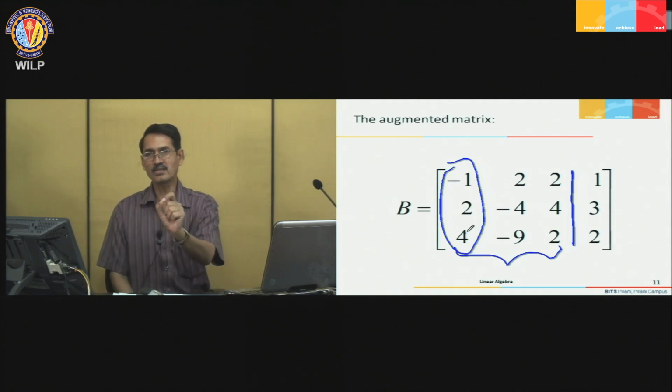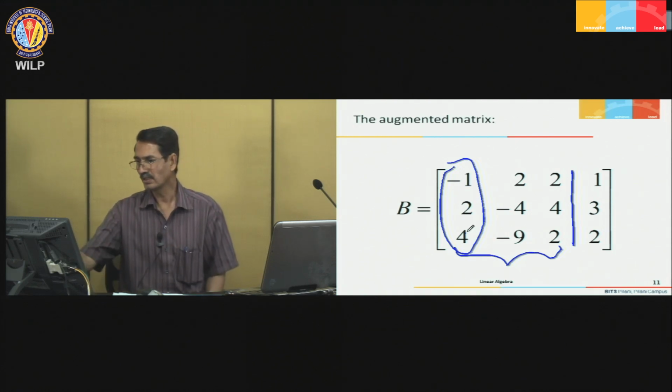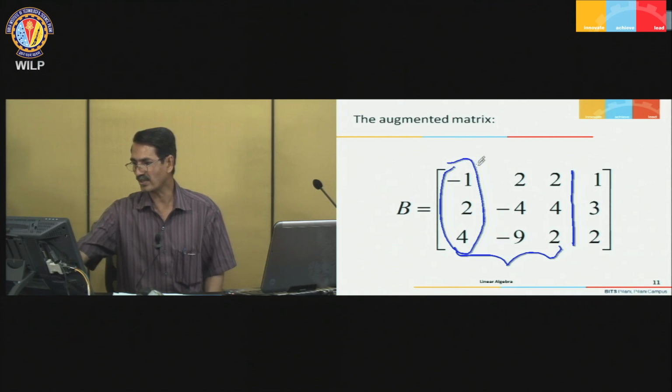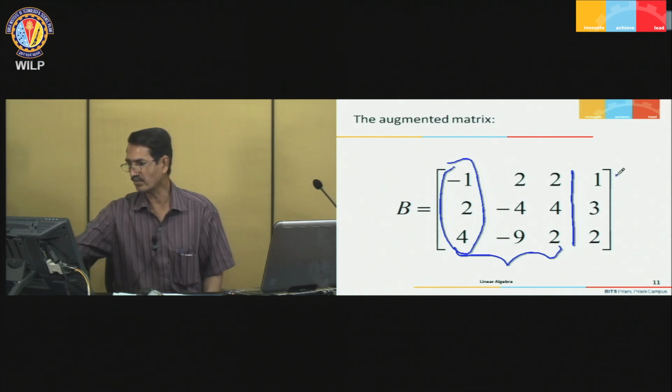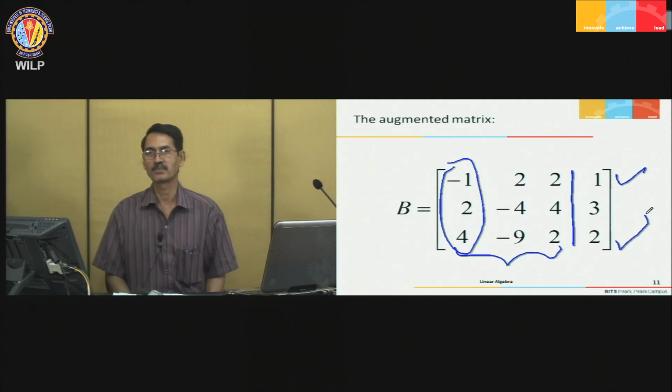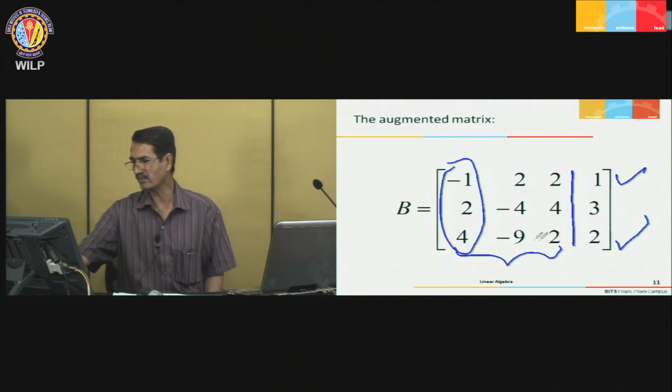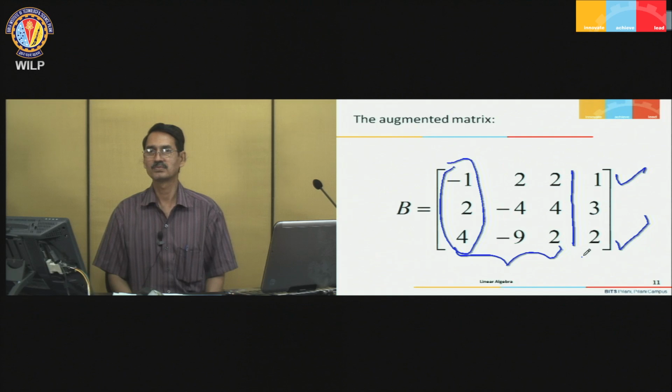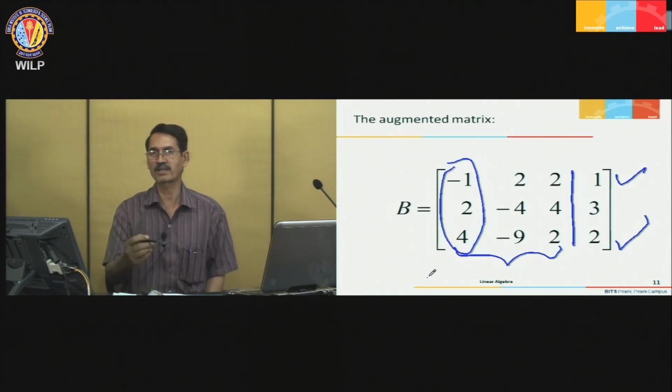So 4 is the numerically largest value. Therefore, we shall interchange the first and third row. First row will be 4, minus 1, 2 and 2, and third row will be minus 1, 2, 2 and 1. So let us interchange, so that this 4 will be the pivot element.